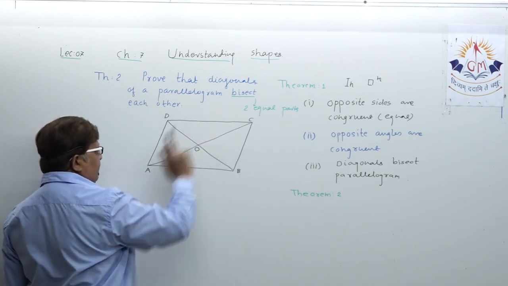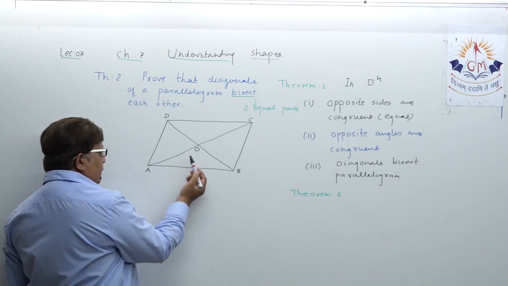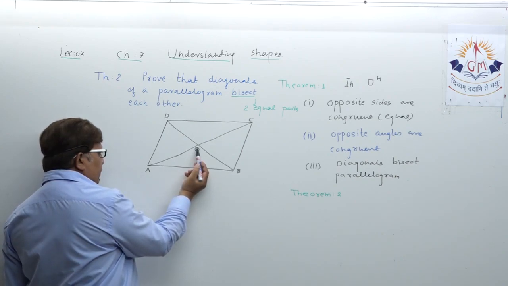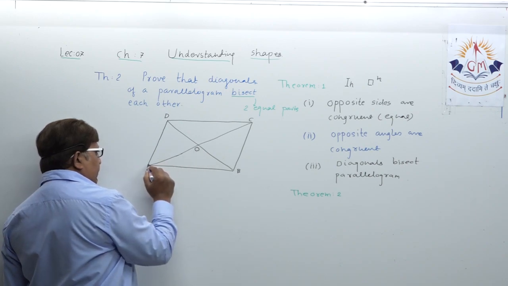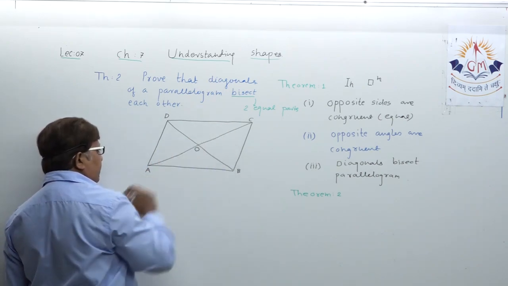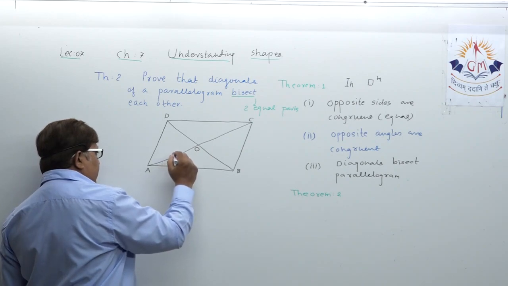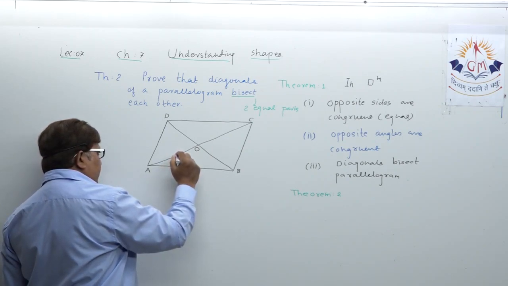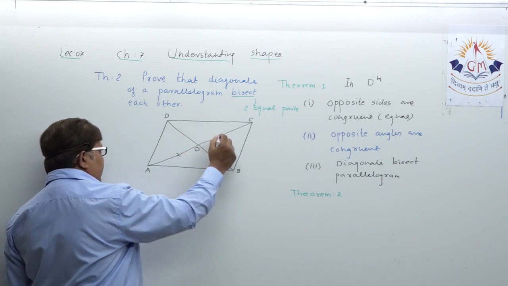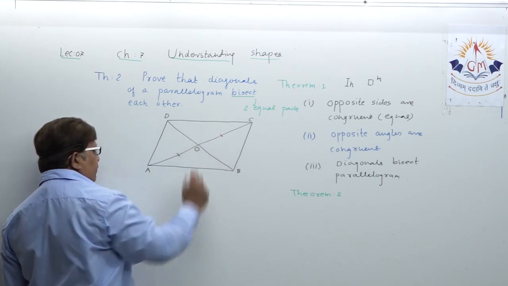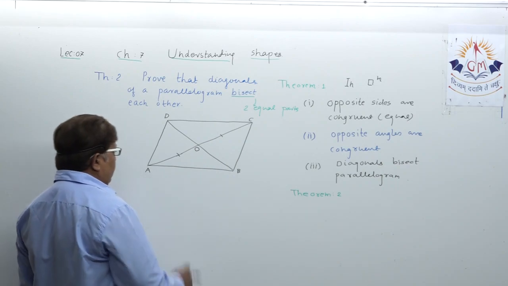You understood? Bisect means two equal parts. So at this intersection point O, diagonal AC divides into two equal parts. Let me show this way. This is what you have to prove.